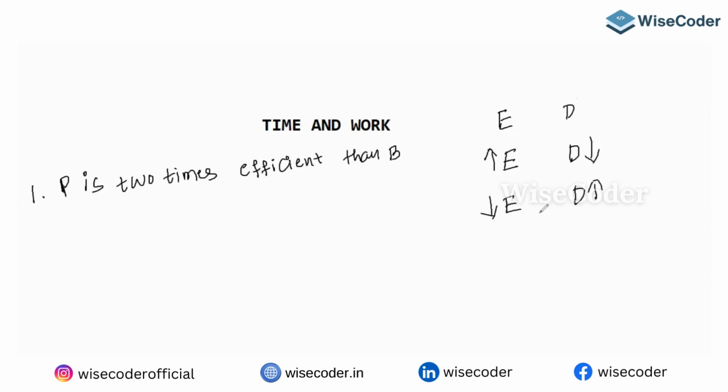Which means you need to understand one point. Let's look at here. Whenever you want to solve these types of questions, this is important. So efficiency and days are in which proportion, guys? Inversely proportion. Okay, efficiency and days are in which proportion? Inversely proportion.